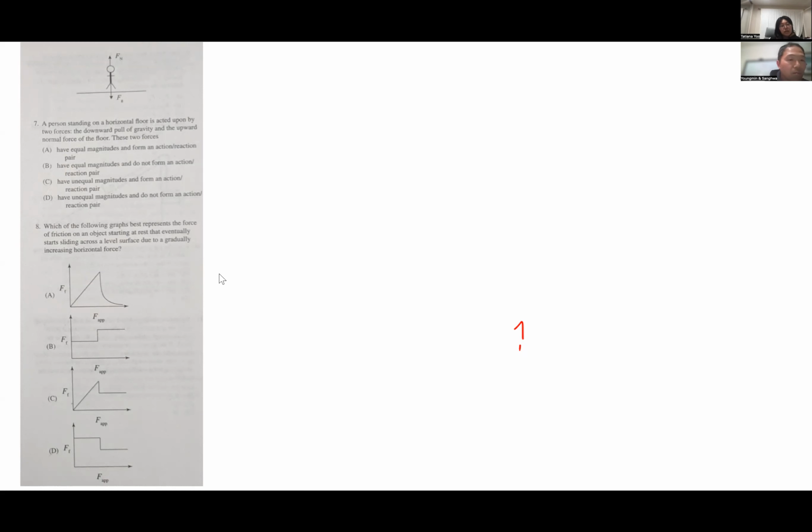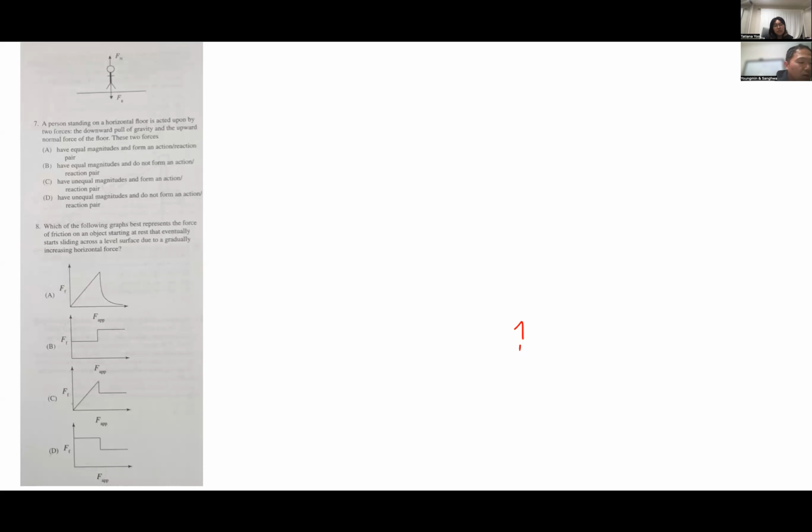B. Yeah. So the weight is normally balanced with the normal force in magnitude, but they are not an action-reaction pair, right? In order to form an action-reaction pair, the two forces must come from two objects acting on each other.